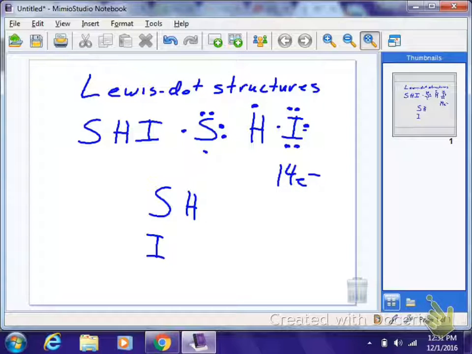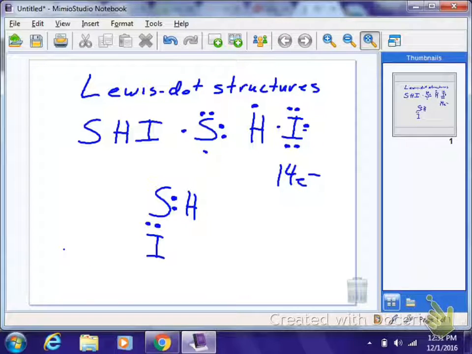So we'll make a connection between the branched atoms and the central atom by drawing a pair of electrons. And what that says is that sulfur is bonded to iodine, and sulfur is also bonded to hydrogen. And iodine and hydrogen are not bonding together. So the central atom is a connecting atom that connects everything.